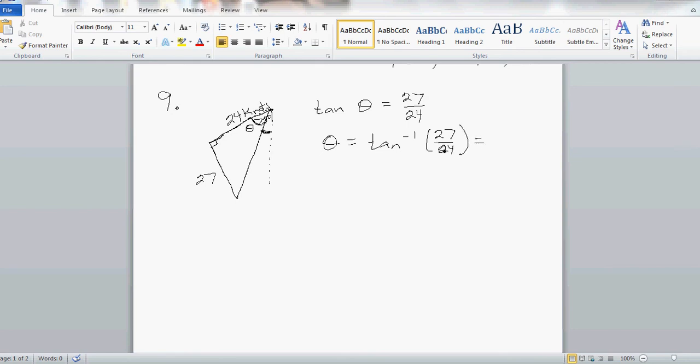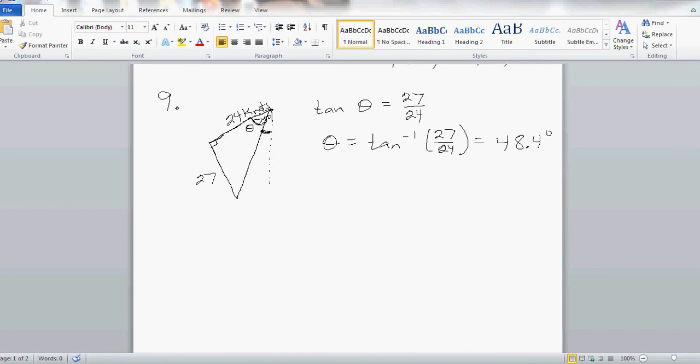And so here we have to just use our calculator, because 27/24 is not a very common fraction, and it certainly doesn't show up anywhere in the table that I gave you. And we are told that theta would be then 48.4 degrees. So that's this angle right here.